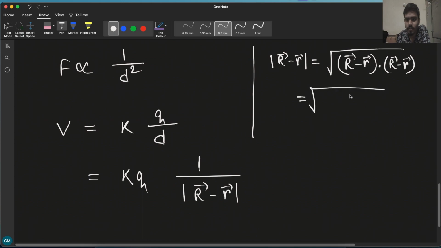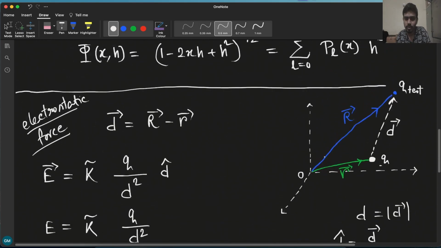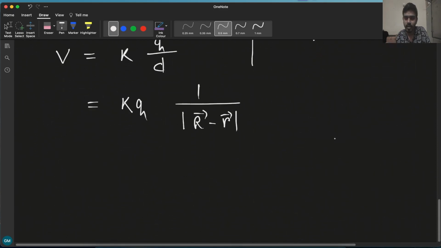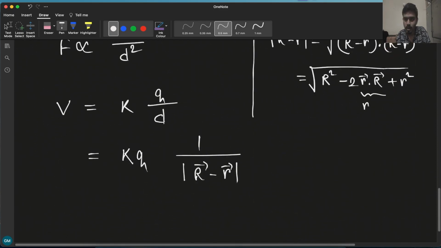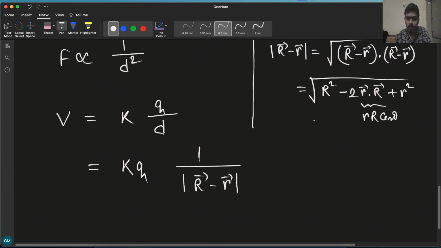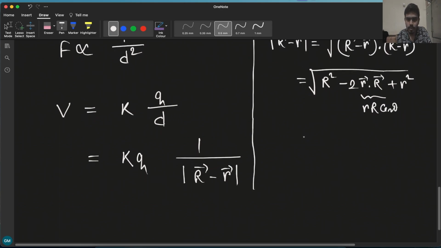Which is nothing but R dot R, that is R square, minus twice r dot R plus small r square. And what is r dot R? If the angle between this small r and capital R vector is theta, then r dot R is rR cos theta. So it is basically equal to root under R square minus twice rR cos theta plus r square.